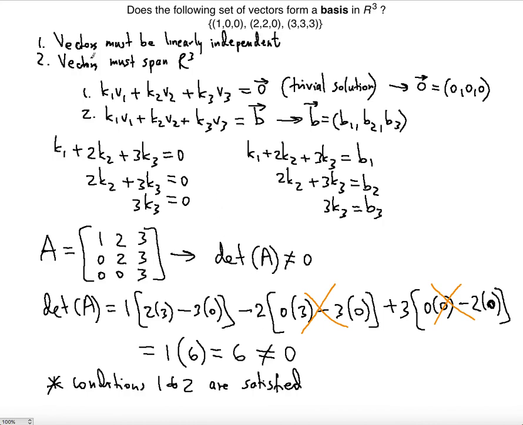So what does it mean? It means that the vectors are linearly independent and the vectors also span the three-dimensional space. So what does that all mean? Since the conditions are satisfied, it means that the given set of vectors forms a basis.